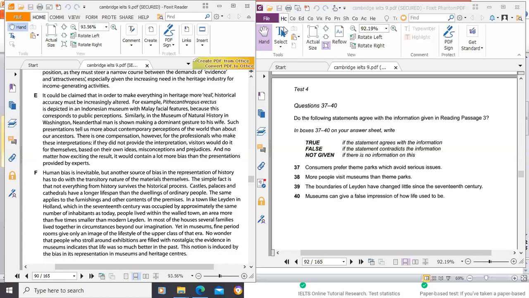So let's look at which information was provided regarding that town. I remember it was a town. In a town like Leiden in Holland, which in the 17th century was occupied by approximately the same number of inhabitants as today, there are fewer changes in the number of people.